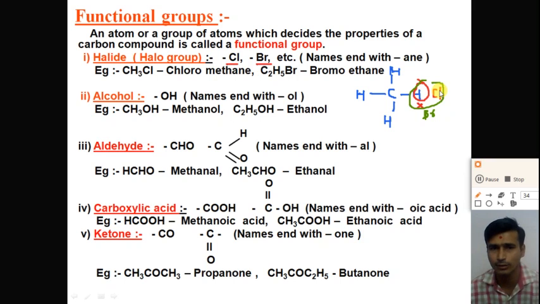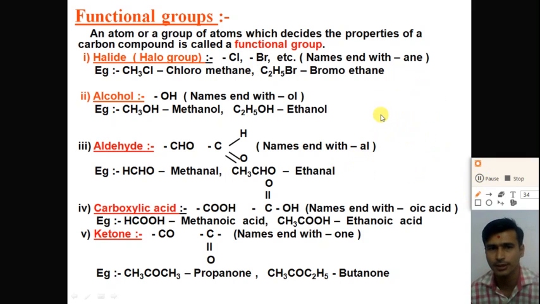CH3Cl is chloromethane. Similarly, you can make the molecular formula of all the hydrocarbons: methane, ethane, propane, butane, pentane, and hexane. You know all the molecular formulas of all the hydrocarbons, right?